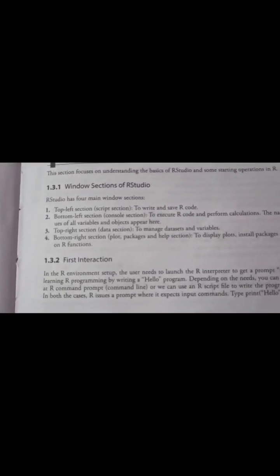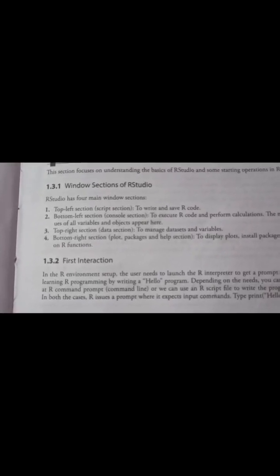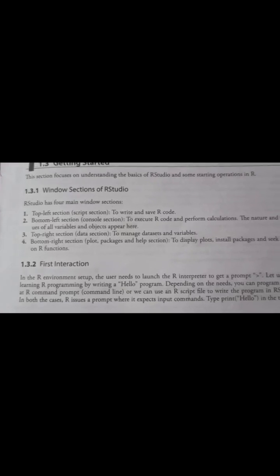For that purpose, these are the steps involved. Follow all these steps. The R window section in RStudio is best for programming, which contains 4 main window sections. The top section is to write and save R code, the bottom left section is to execute R code and perform calculations.